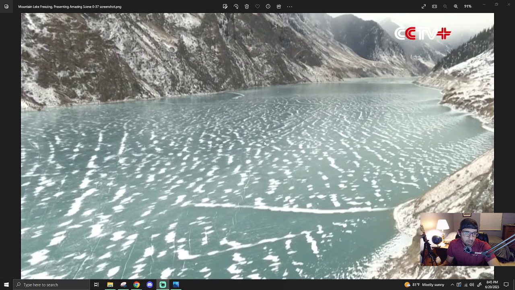Pretty cool, but not. We see some definitely current flows subtly imprinted. Like, I don't think it's just wind current, although I guess it could be.